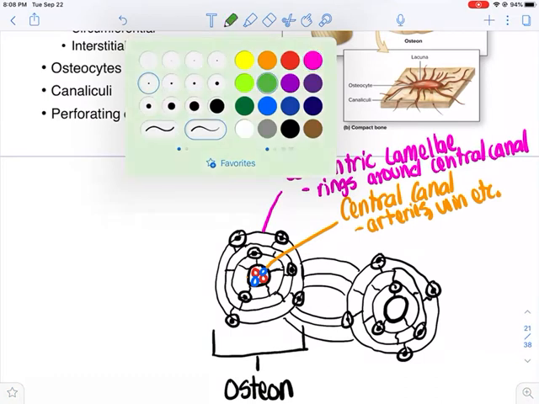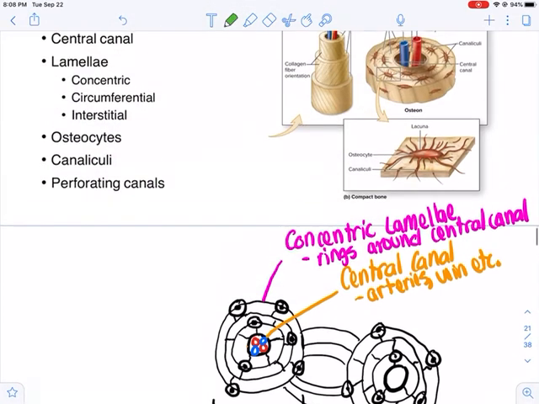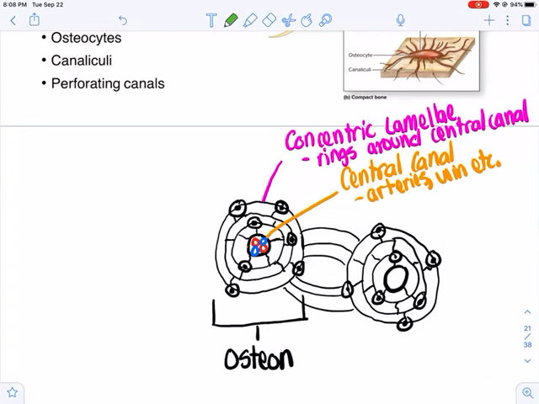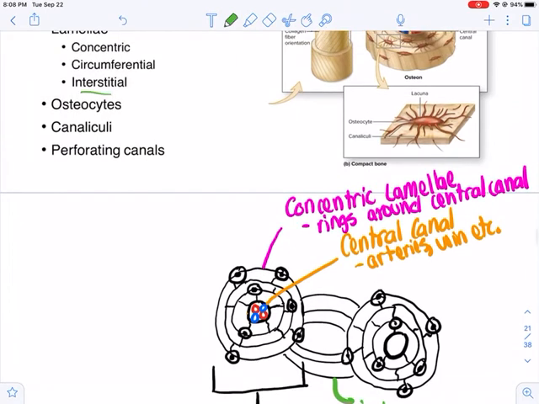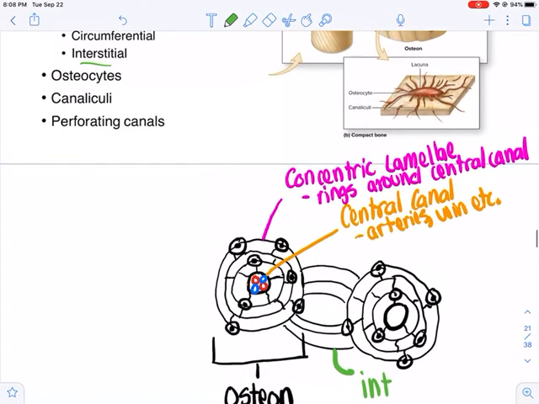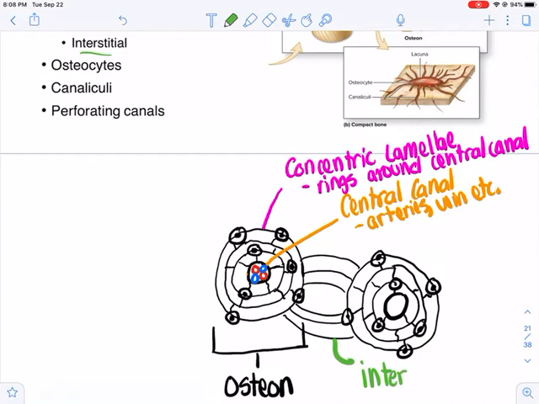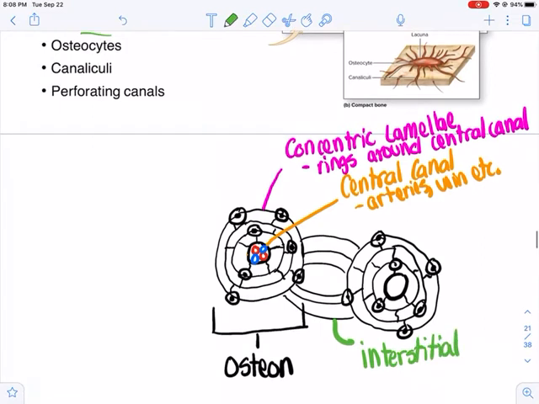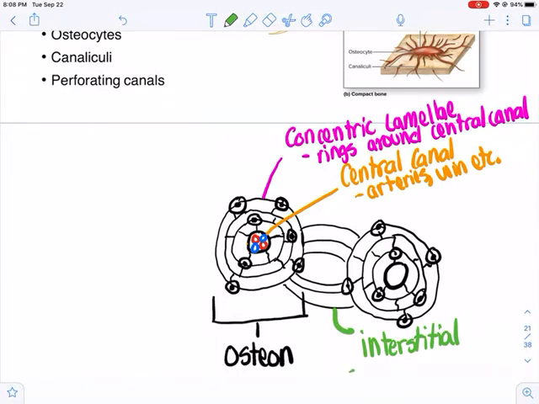In this drawing, I even gave you an example of another type of lamellae, and that is the interstitial. Inter means in between. So we see these guys here. They're in between these osteons. This one right here, interstitial lamellae.